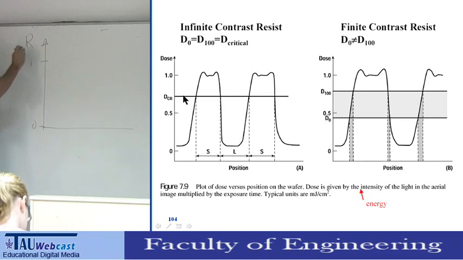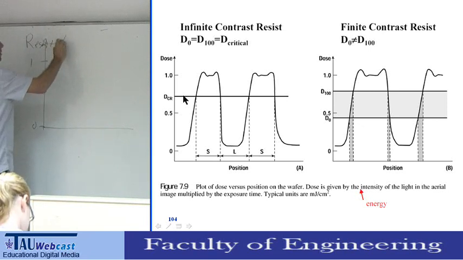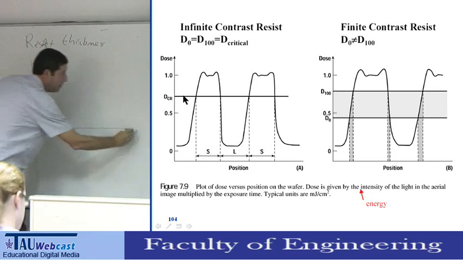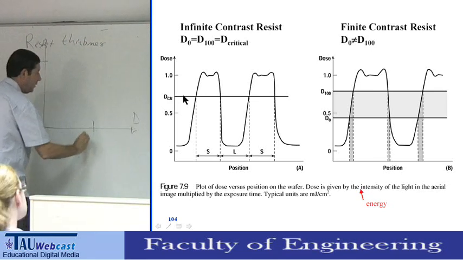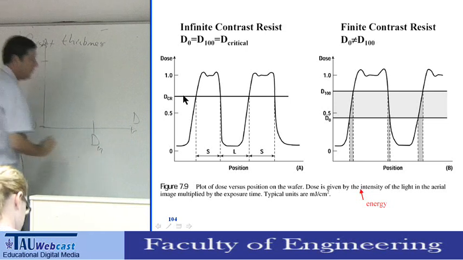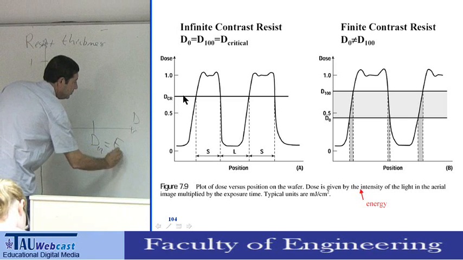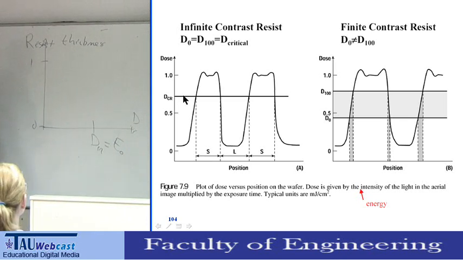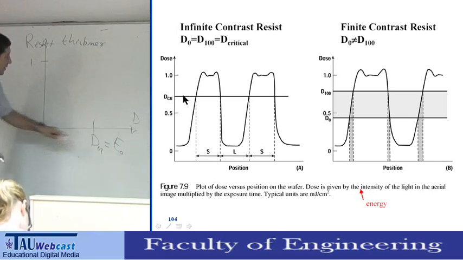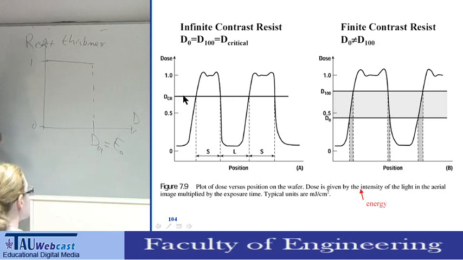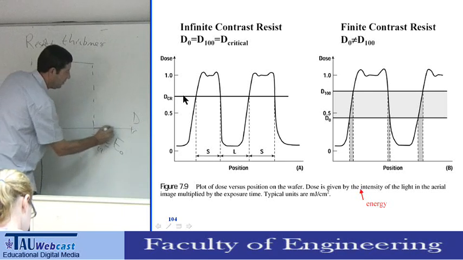This is the resist thickness, and this is the dose, and we have a critical dose, D critical. In some papers people also call it E0, or in some papers E critical, but this is the critical dose. Below this dose the photoresist stays, it's not removed. Above this dose it's removed.